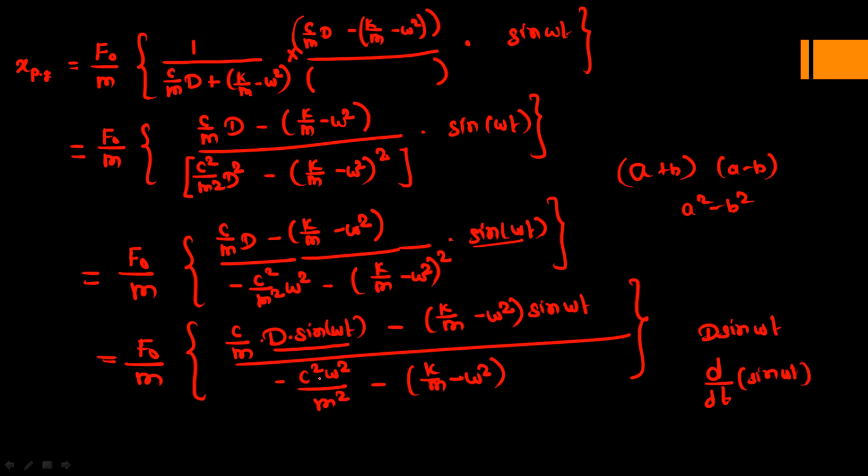So take the differentiation of sine omega t, it will become cos omega t, and again differentiation of omega t is omega.